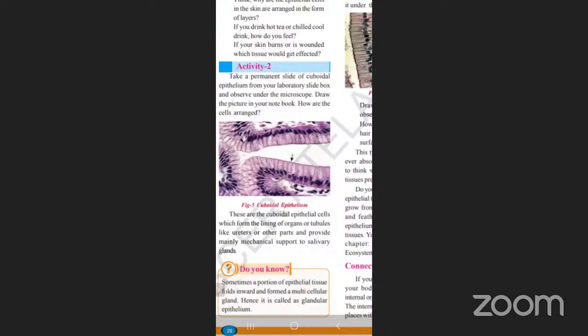As I told you, once more I am going to tell you about that. Nothing is given here for the aim, but you have to make the answer like this. We have to write aim, apparatus, precautions, procedure, then observation and result.